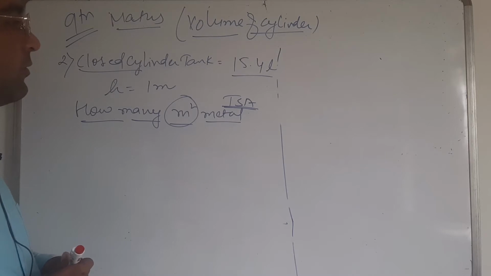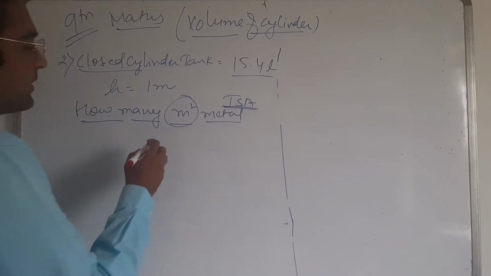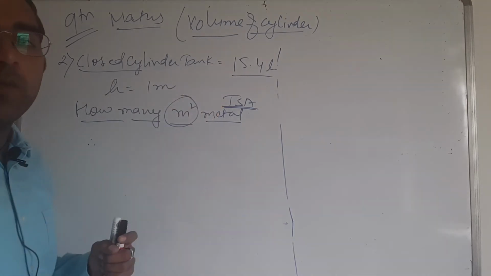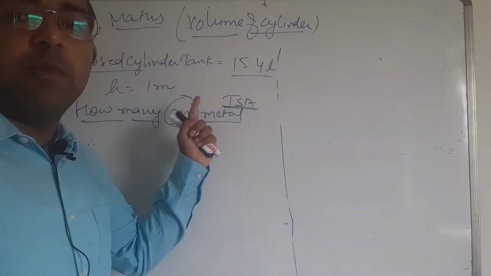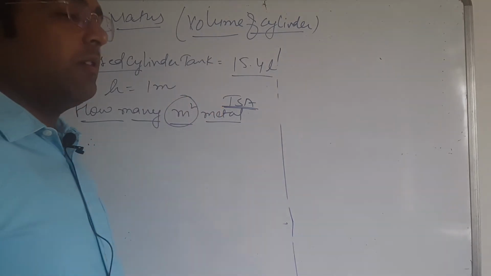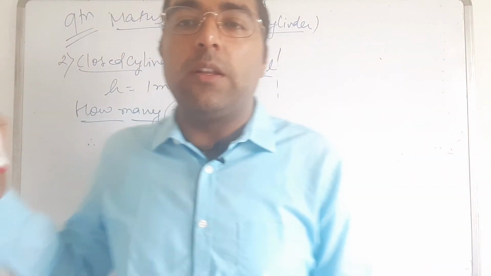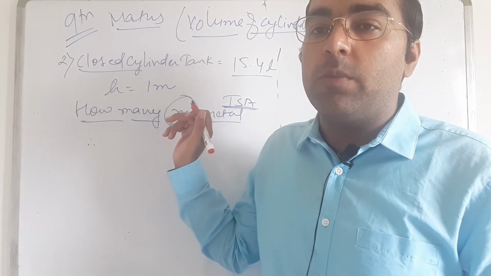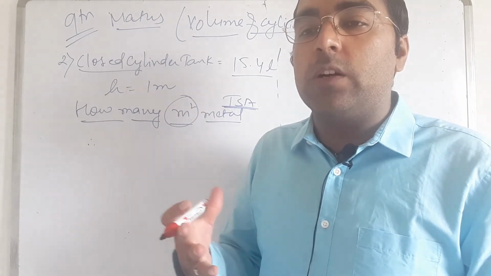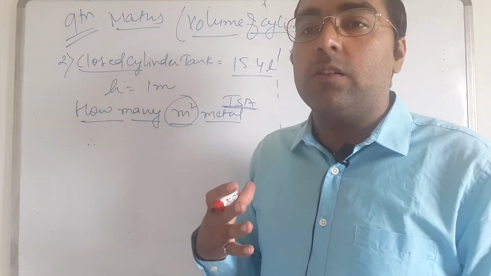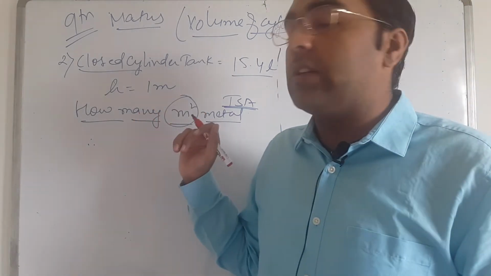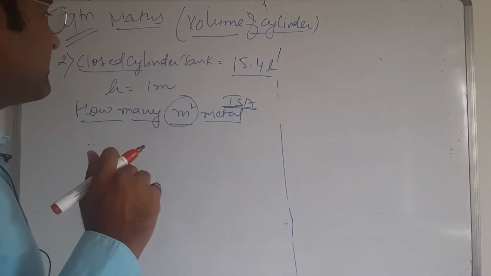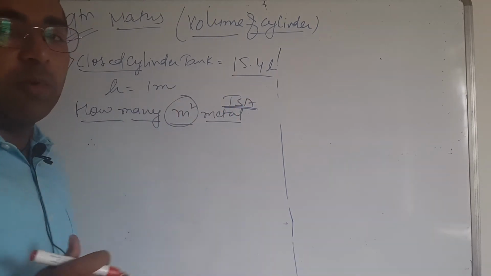For that my volume is given in liter. So first of all I have to convert liter into meter cube, because without converting I cannot find the radius of the cylinder using the volume.